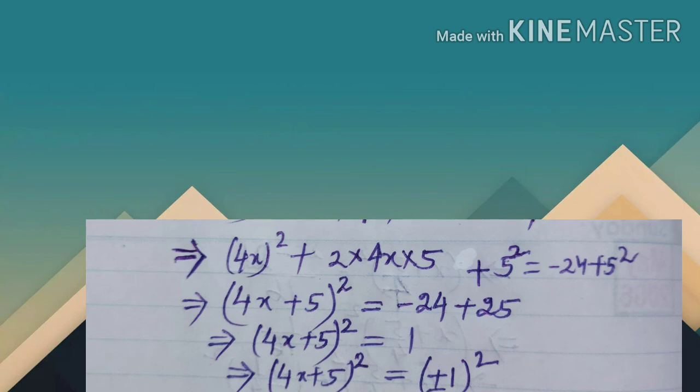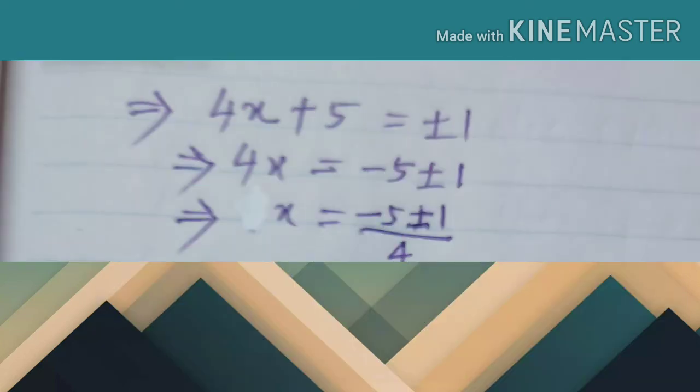This implies that square of 4x plus 5 is equal to square of plus minus 1. This implies that 4x plus 5 is equal to plus minus 1. This implies that 4x is equal to minus 5 plus or minus 1. This implies that x is equal to minus 5 plus or minus 1 whole divided by 4.